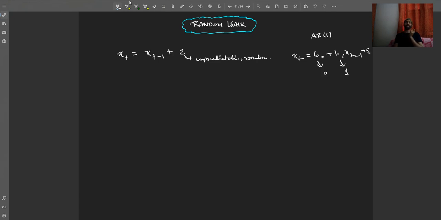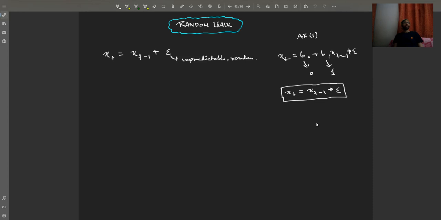This becomes exactly like the random walk equation: xt is equal to xt minus 1 multiplied by 1, which is the b1, plus the error. Right? So this is a special case of the AR1 model, the random walk. Here the expected value of xt is equal to xt minus 1. Right, friends?